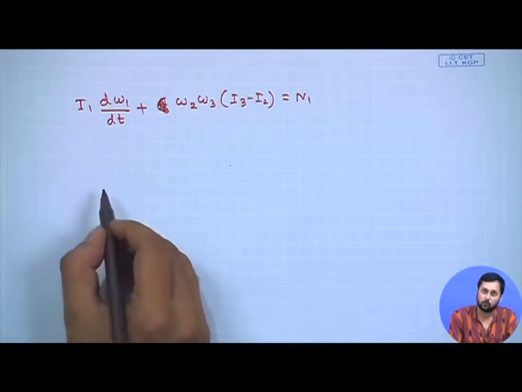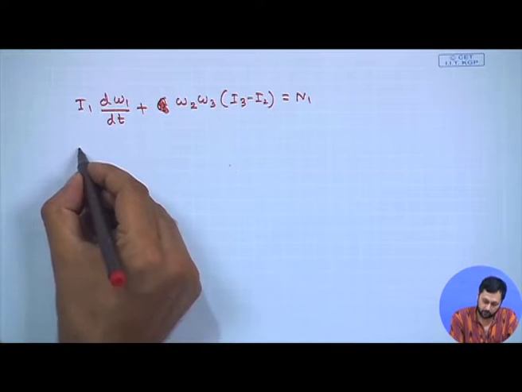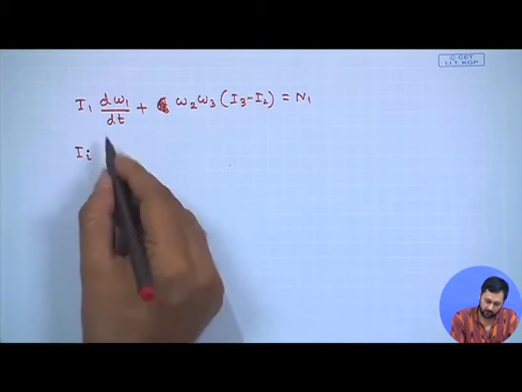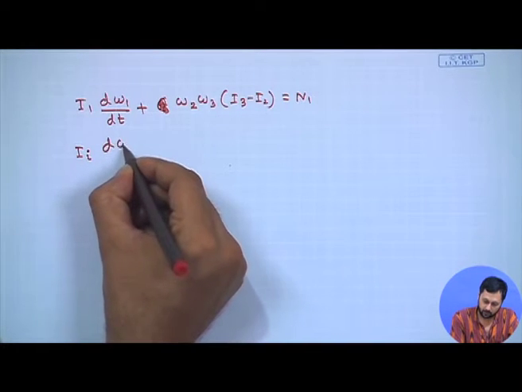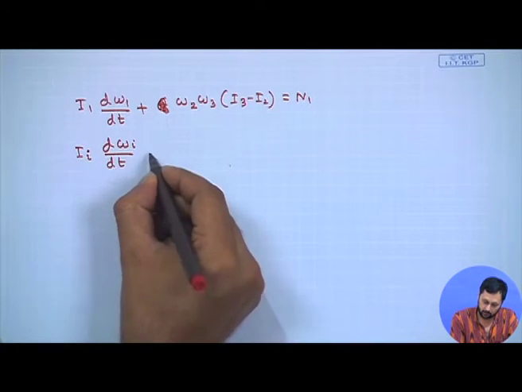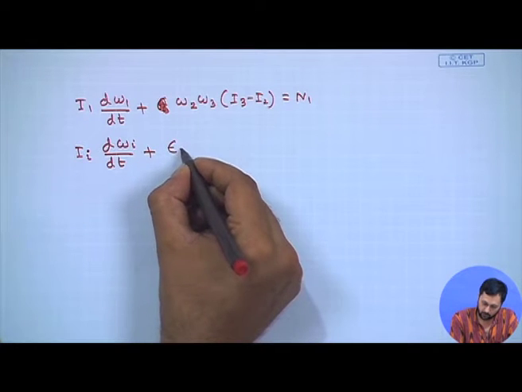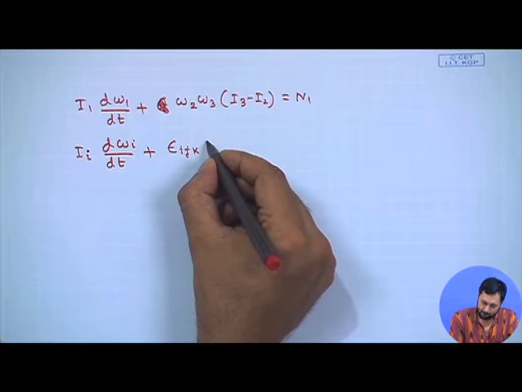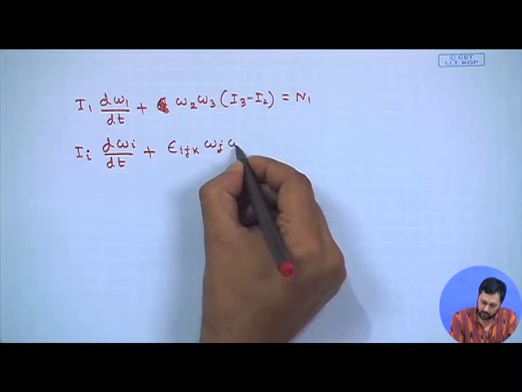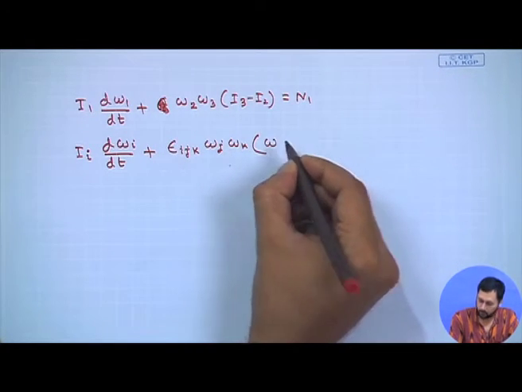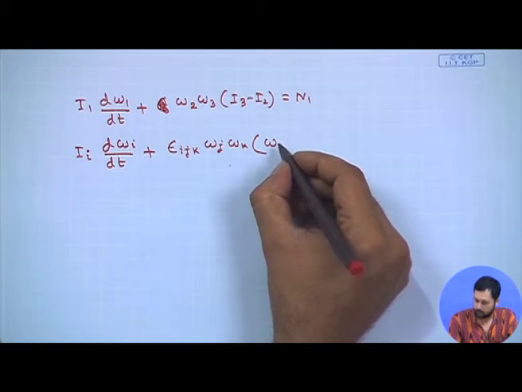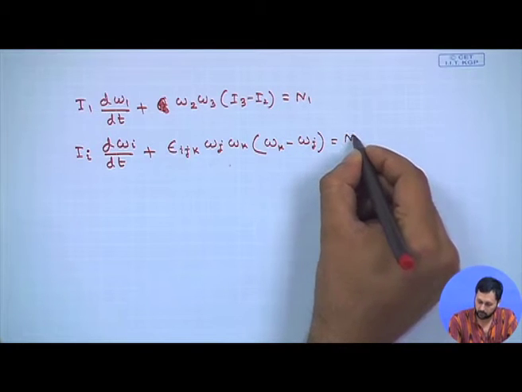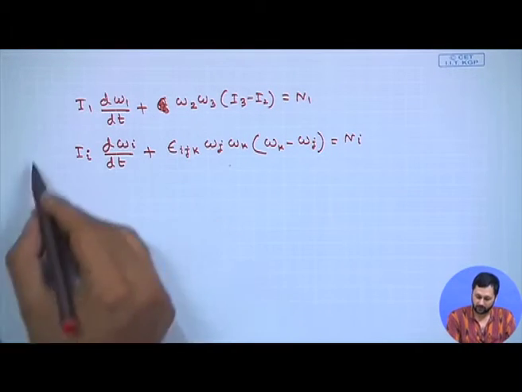Similarly, we can write two more equations. In the general form, just writing in terms of indices, Ii d omega i/dt plus epsilon ijk omega j omega k (Ik minus Ij) equal to Ni. So this is a more general form of it.